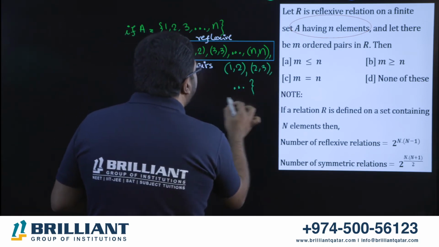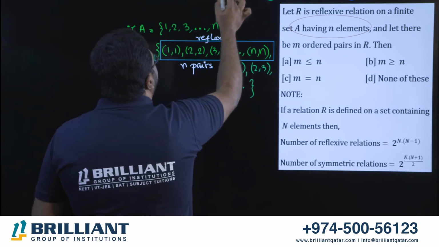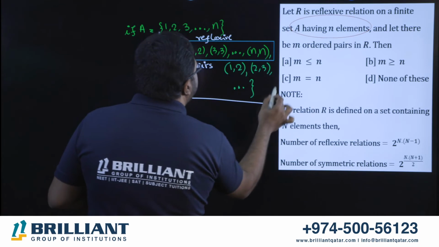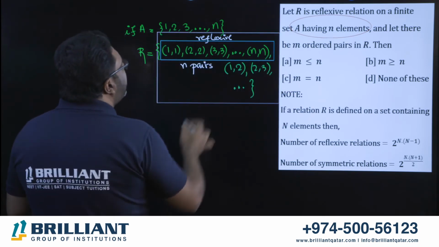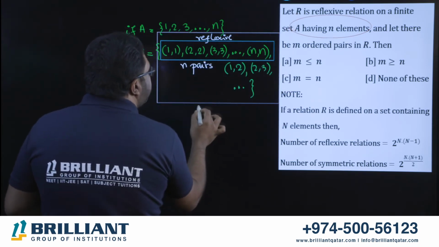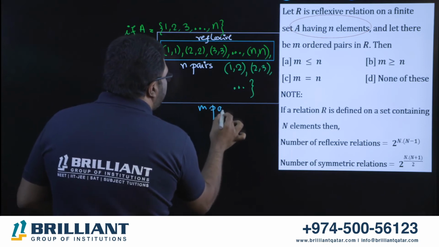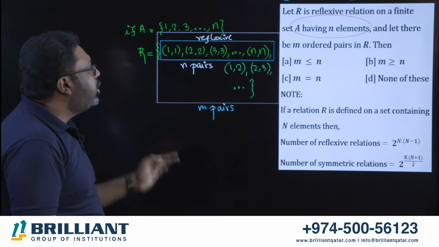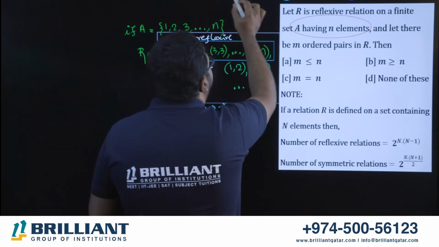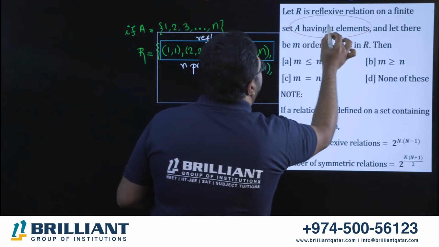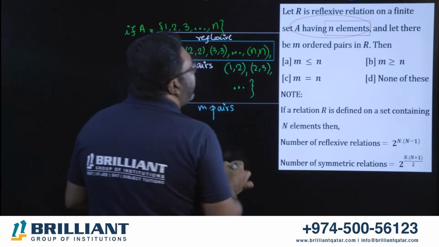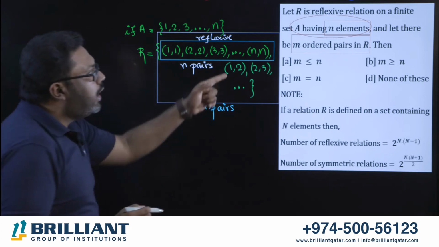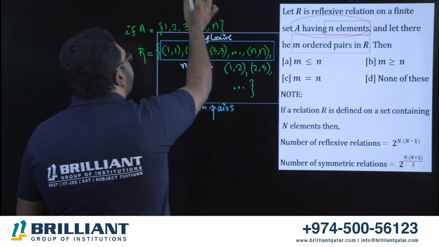And they're saying that the total number of pairs inside this relation is m pairs. So my dear students, what is the condition for a relation to become reflexive? If the set has n elements and the relation has m ordered pairs, the condition is very simple.